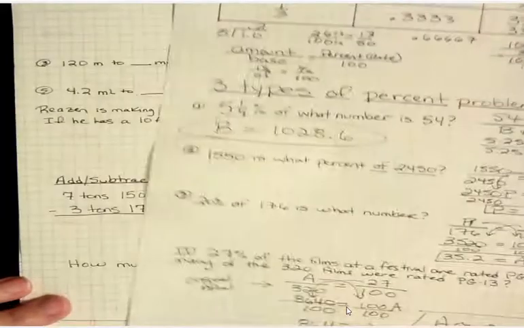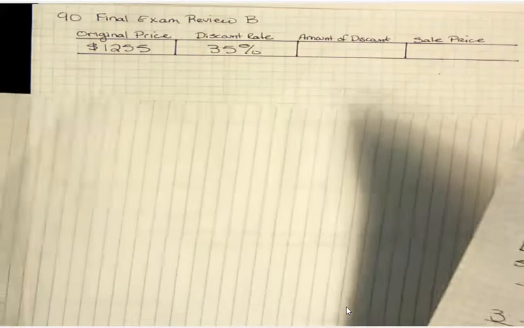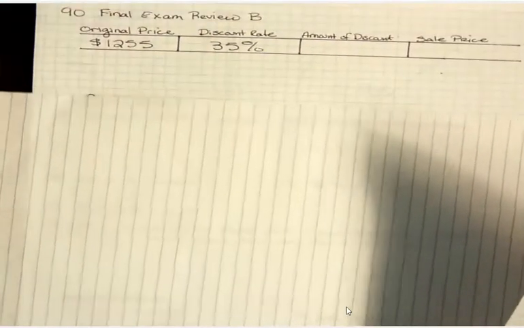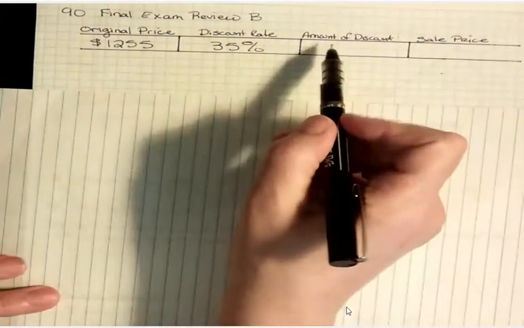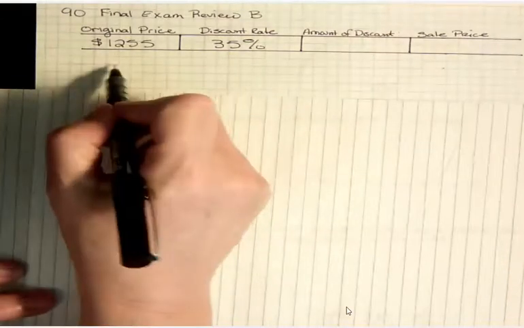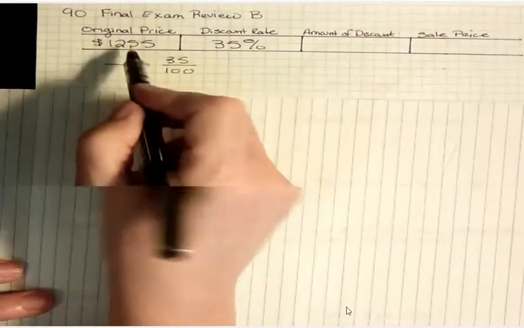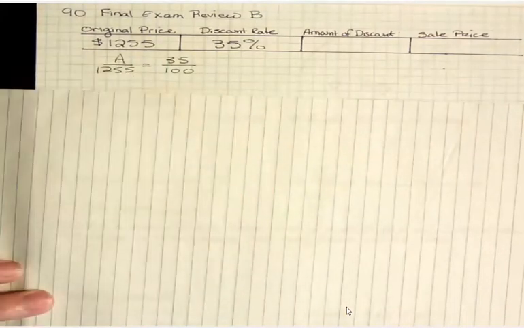All right. One more thing about percent before I switch on to a new video is this: if you were asked to find like a discount amount or a sale price amount for an item, in this case, if I want to find the amount of the discount, what I'm looking for is, again, I'm talking about a percent problem. I have the discount, which is 35, the original cost I have, and so I'm looking again for the amount of the discount.